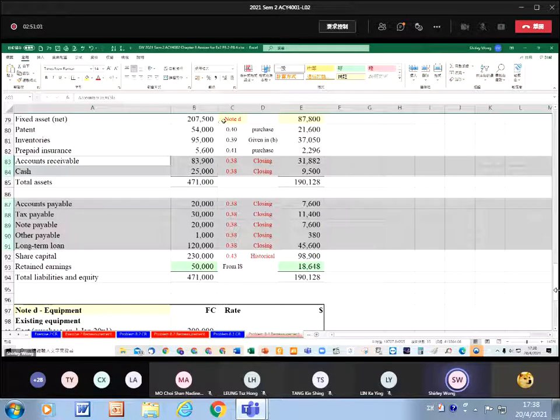So we need to calculate Note D. Note D is about the equipment. Remember, this equipment involves two parts. One part is previously already existing. The other part is newly purchased during the year.